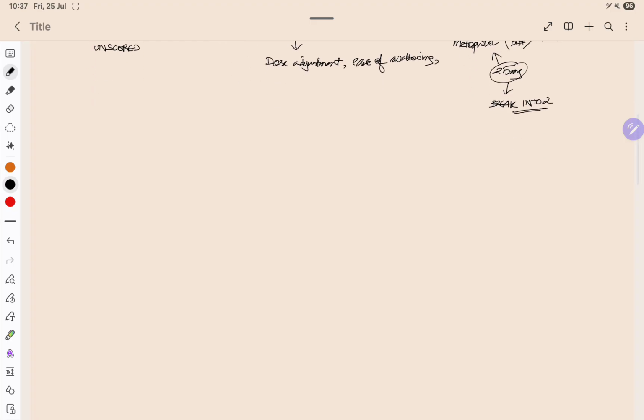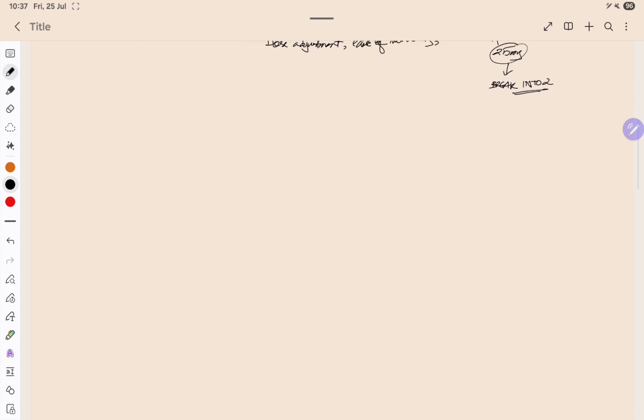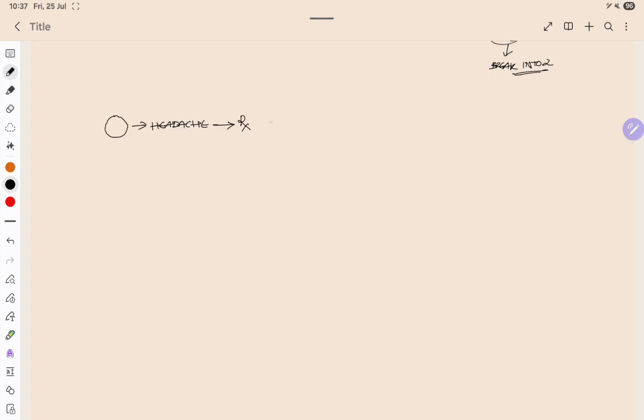Now let's move further. A person, because of some ailment, let's say he has headache, and the drug that we are going to prescribe to the patient is tablet or syrup based on the age of the patient, paracetamol.